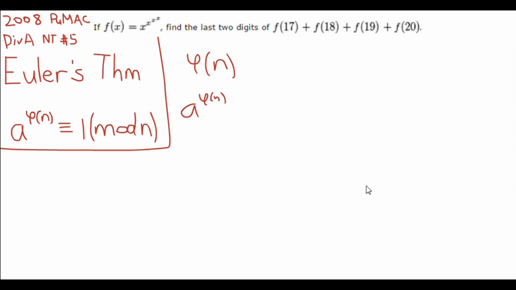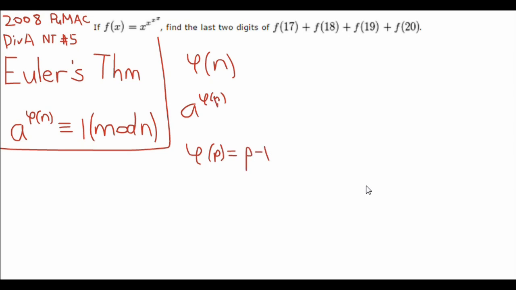Well, does that agree with Fermat's little theorem? So if we have the totient function of a prime number p, then all the numbers that are under p are relatively prime to p, except for 1. So this is just equal to p minus 1.